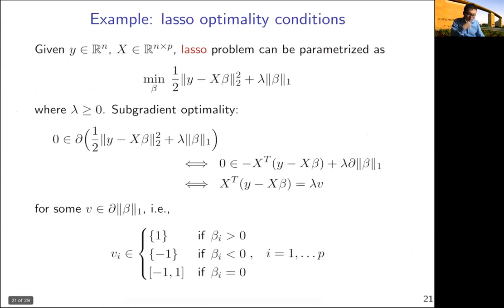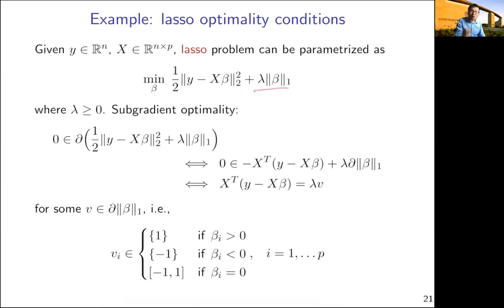So let's give a couple more examples, and let's try to apply the subgradient optimality condition to derive an interesting set of conditions for lasso. Again, this is the regularized version of the lasso where we are penalizing the one norm of the coefficient to induce sparsity in a way that's convex.